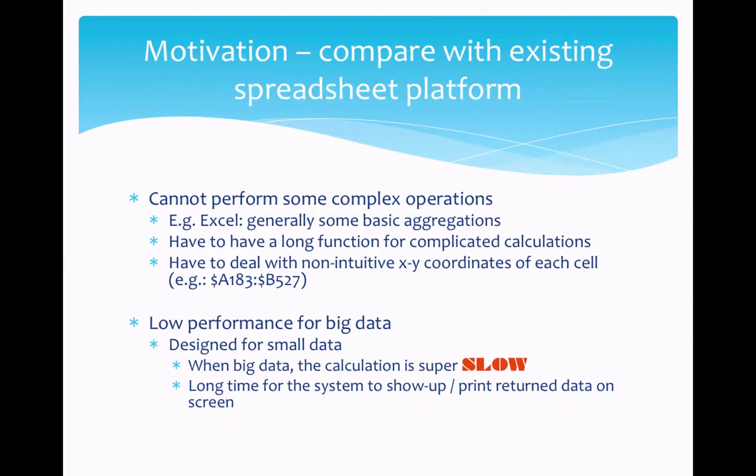And sometimes we have to deal with those non-intuitive XY coordinates for each cell, just like the example here. Based on our survey, we also noted that many spreadsheet platforms are designed intuitively for small data, but not for big data. So basically, when the input is something like big data, the calculation will be super slow.